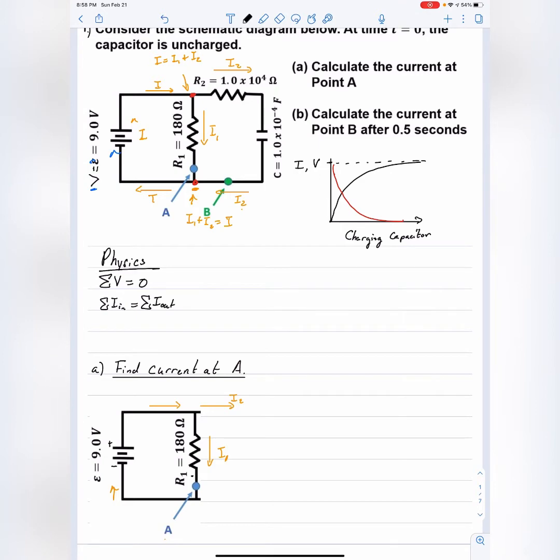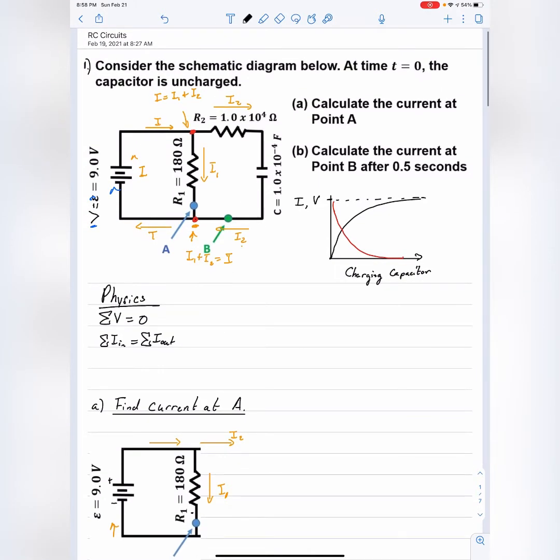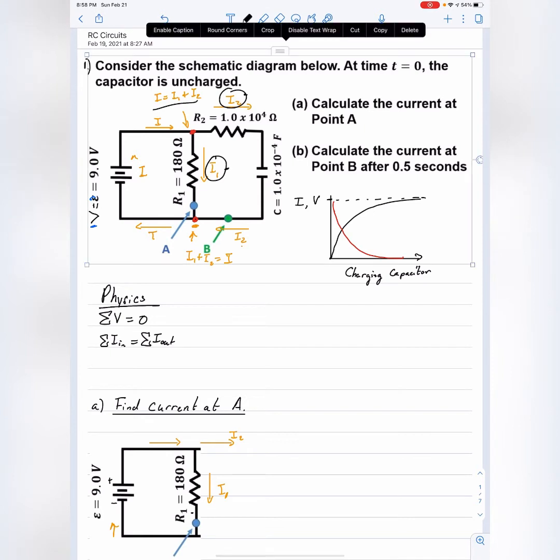So in this junction here, the current is going from positive all the way back to the negative. It starts at the top and hits a junction, which is the red dot. It splits up right here, and we have current going here and current going here. They're different ones: I2 over here, I1 over here.